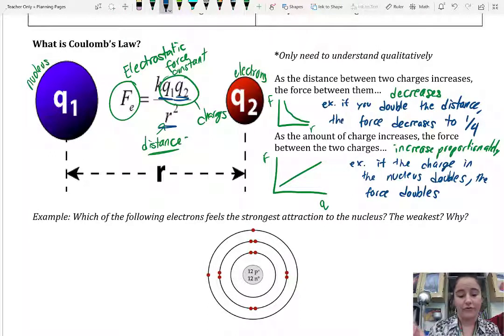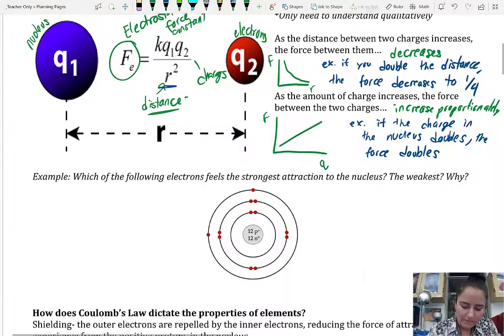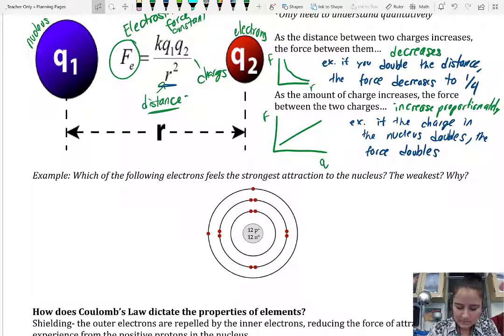Pretty straightforward there. So, if we kind of picture this, here we have a Bohr model of magnesium. We know it's magnesium because it has 12 protons and 12 electrons and 2 valence electrons. So which of those electrons would feel the strongest attraction?